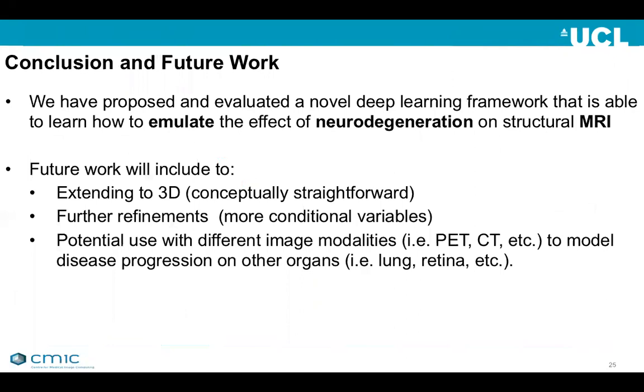In future work for this last project, we are planning to extend the framework to 3D because currently it works only on one slice of the MRI. We are also thinking of including more conditional variables and eventually using a different image modality for other diseases in other organs.